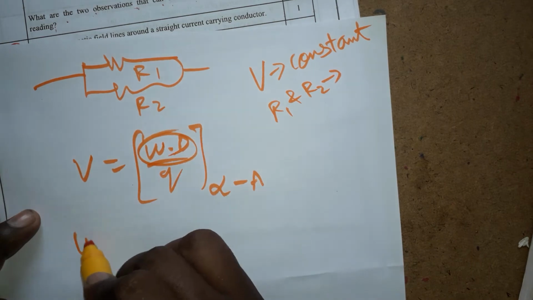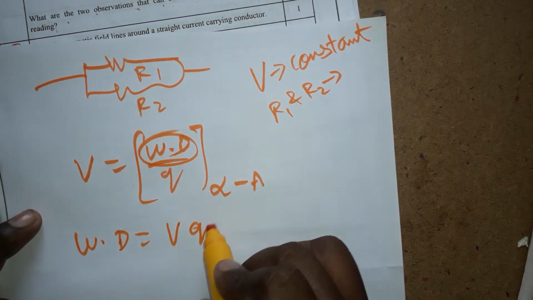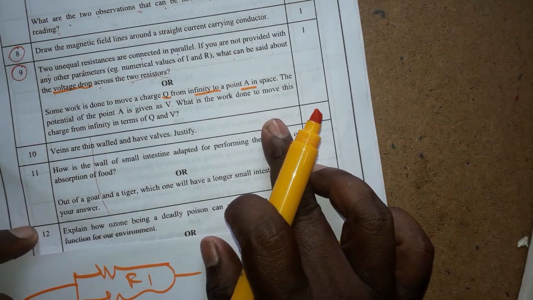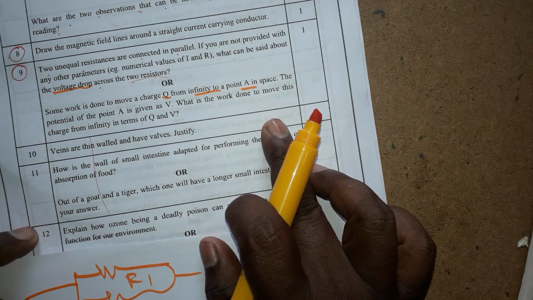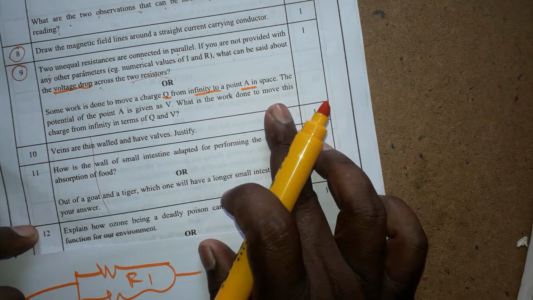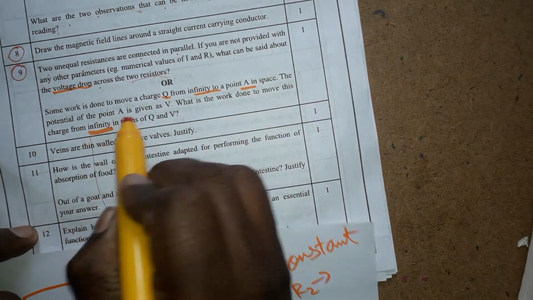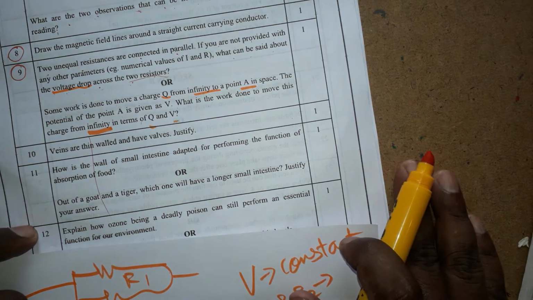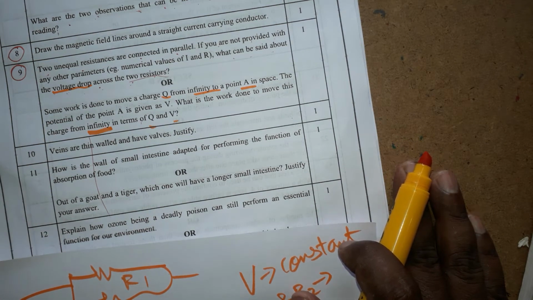They asked what is the work done? Work done is equal to volt into charge, otherwise charge into voltage. So this is the answer. They asked for the relation between Q, V and work done, in terms of QV, from infinity to one point.